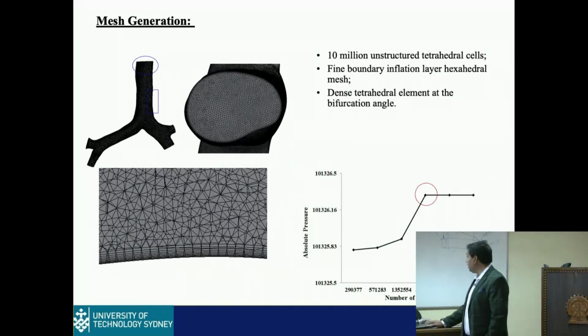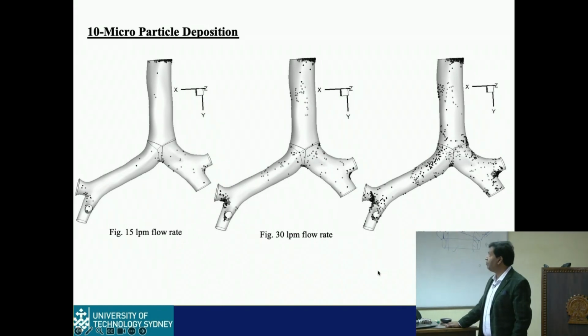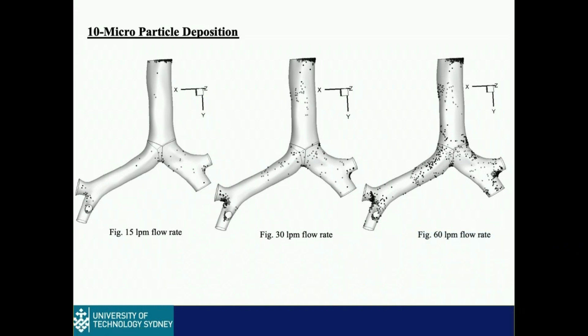Then we did a mesh dependence test, and studied 10 micron particle deposition for 15 liters per minute, 30 liters per minute, and 60 liters per minute flow rates. As you can see, when the flow rate is very high, more particles are deposited because of the turbulent effect.